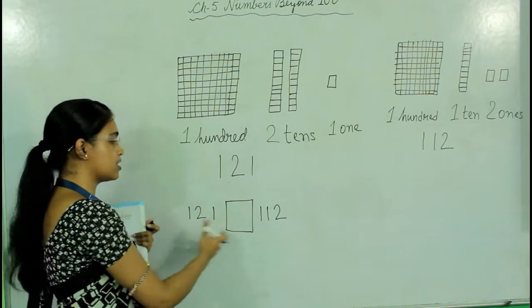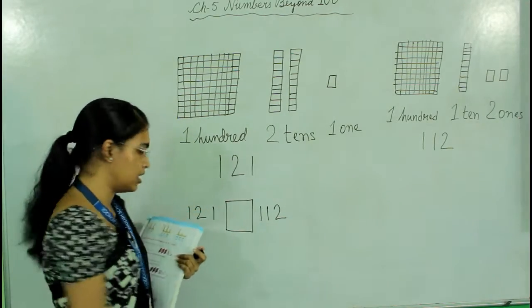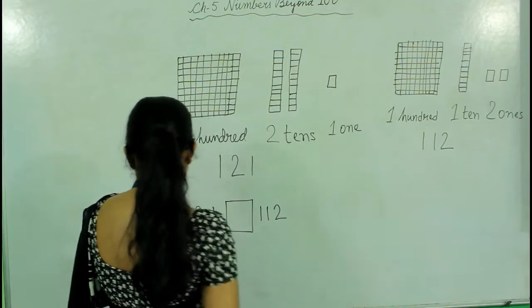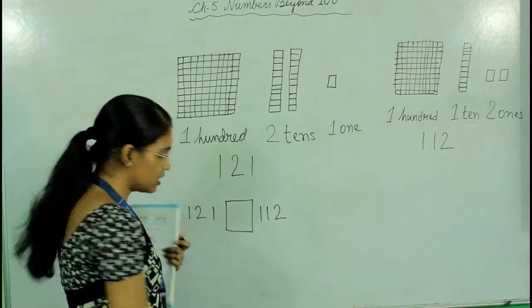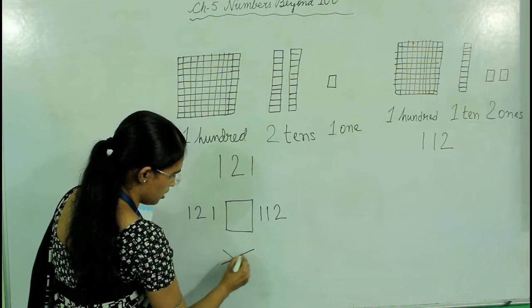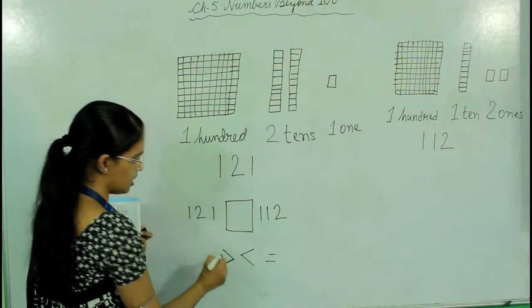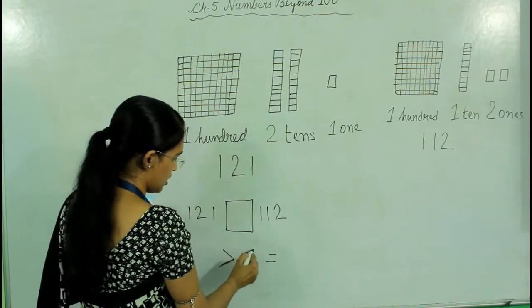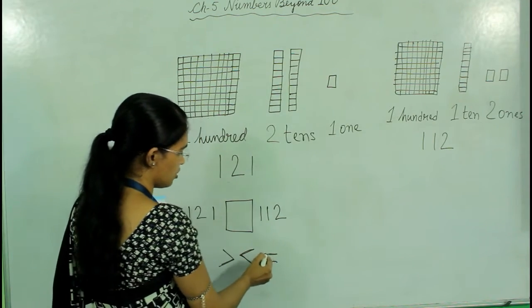So here which sign do we have to use? We have to use the greater than sign. This is the greater than sign, okay? And this one is the less than sign, and this one is the equals to sign.